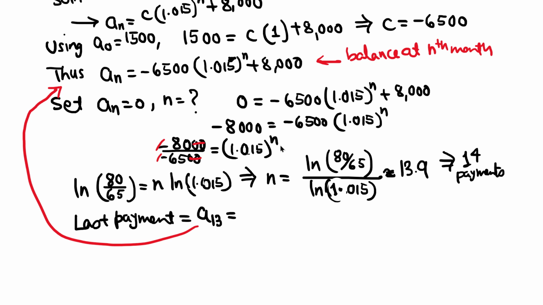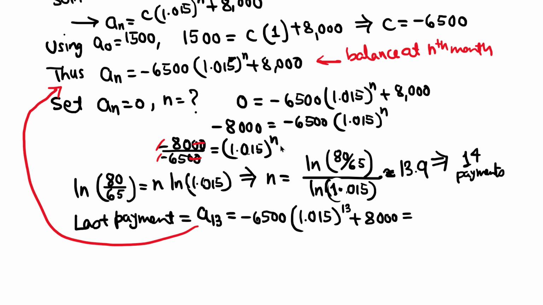So we need 13.9 payments, that means 14 payments, okay, to get the balance to 0. But the last payment won't be 120. Then we want to find the balance left after 13th payment. So let's find A13. That's negative 6500 times 1.015 raised to 13 plus 8000.